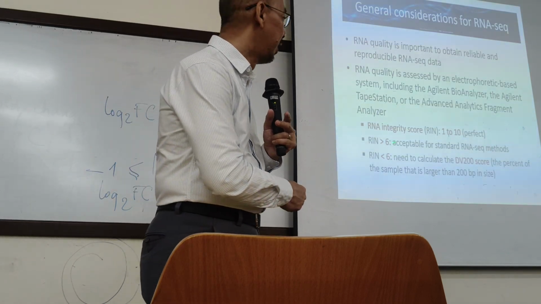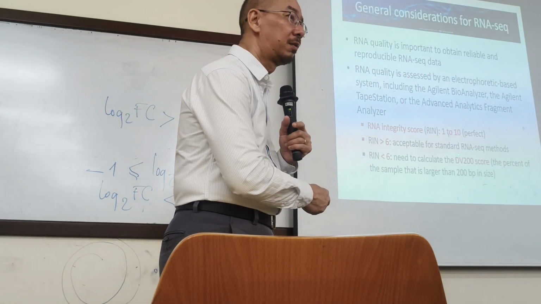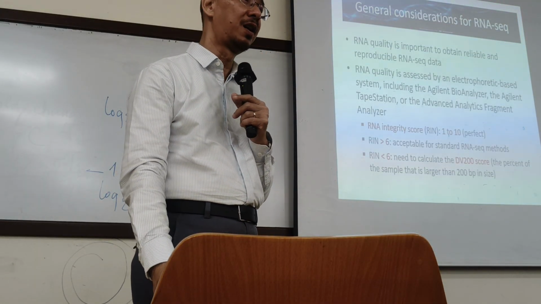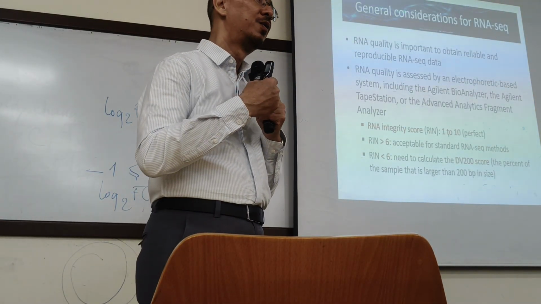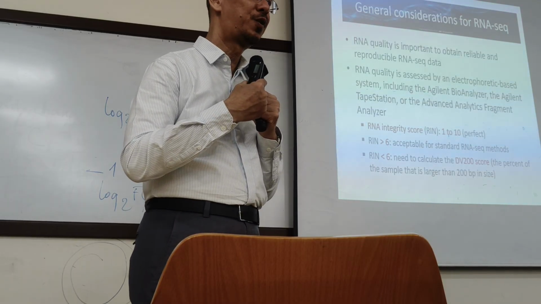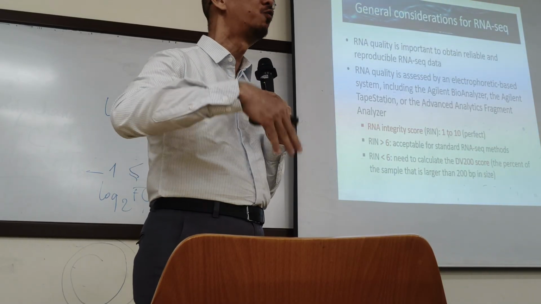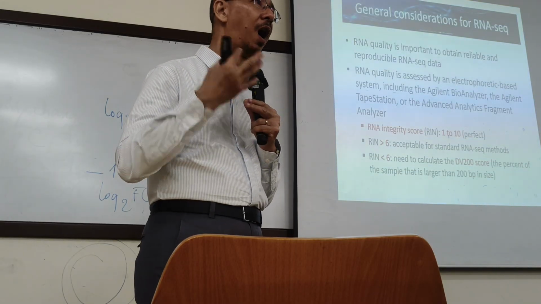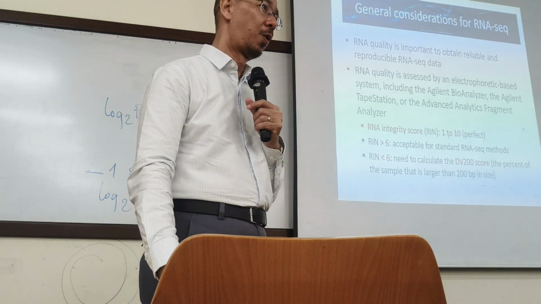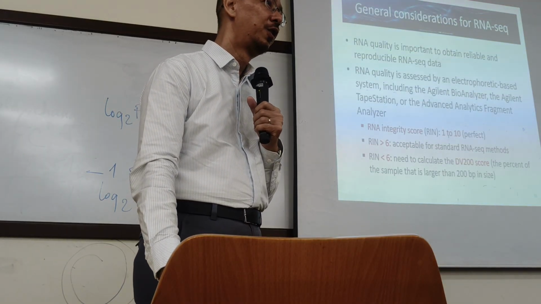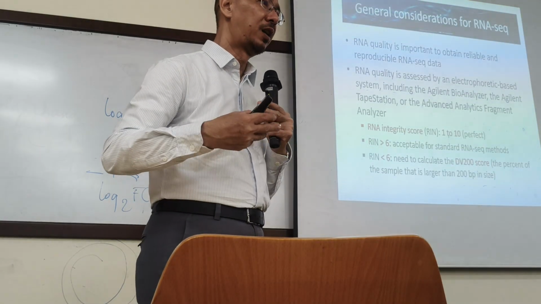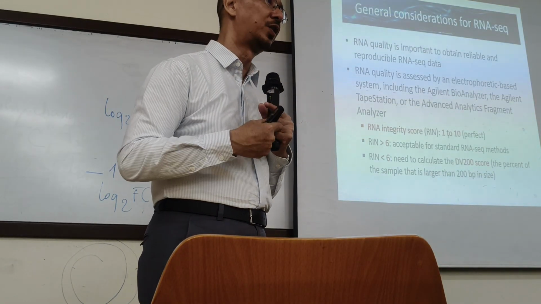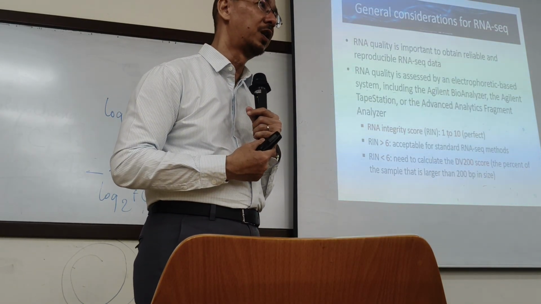Here, the acceptable standards are not always the same for the organism you study. Because I study shrimp samples, and maybe shrimp is different from other organisms. It is very hard to isolate high quality RNA. Maybe it is contaminated with other things, but that does not affect sequencing.